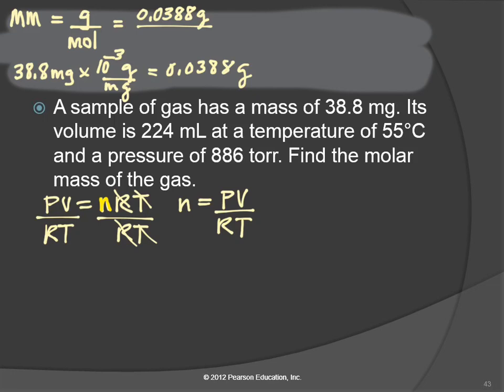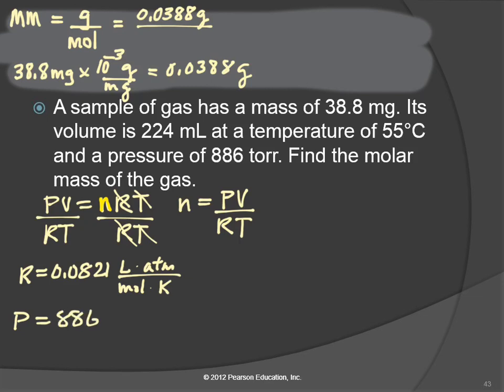Now, in this problem, they were not kind with the units. All the units that they gave are not quite right. R is 0.0821 liters times atmospheres divided by moles times Kelvin. This tells us what units we have to have. What pressure did they give us? 886 torr, which is the same as millimeters of mercury.